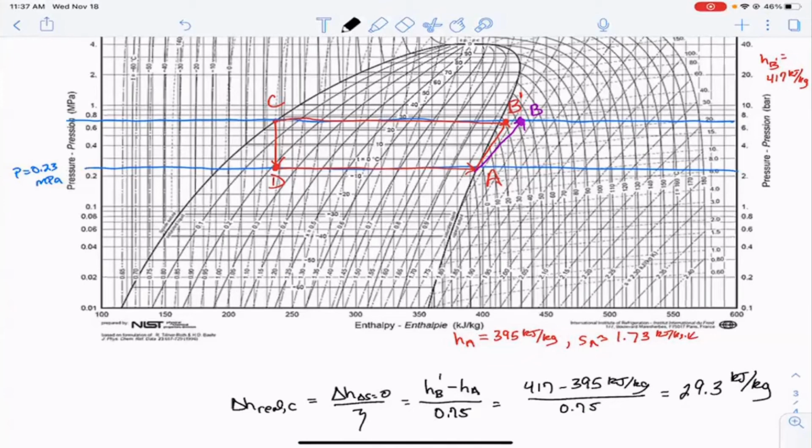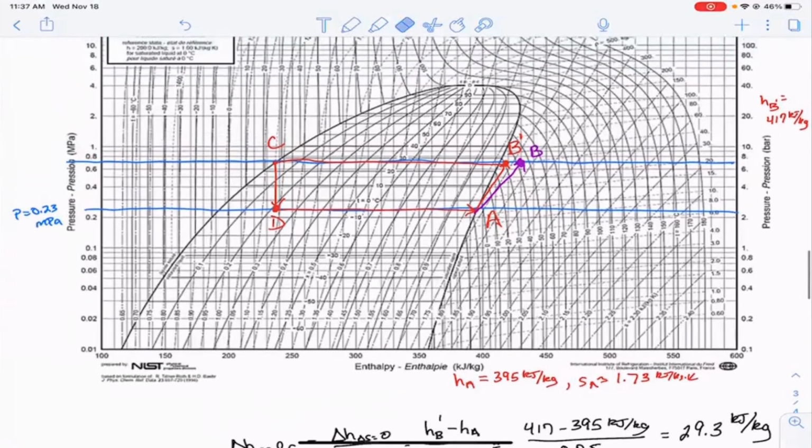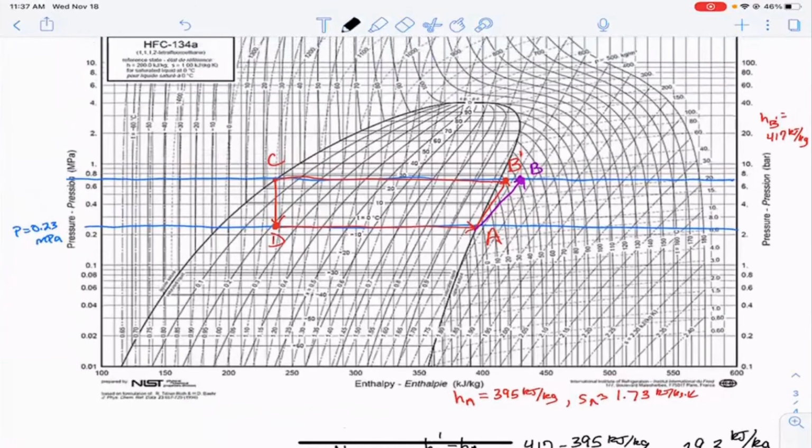So what does it mean for something to be further away from the saturation curve? So as you move towards the right, it becomes superheated steam or superheated fluid, right? We're not using water here. So everything to the right of here is just what we would call a superheated fluid. And if you look at what would really happen here, as we move to the right, the temperature goes up.